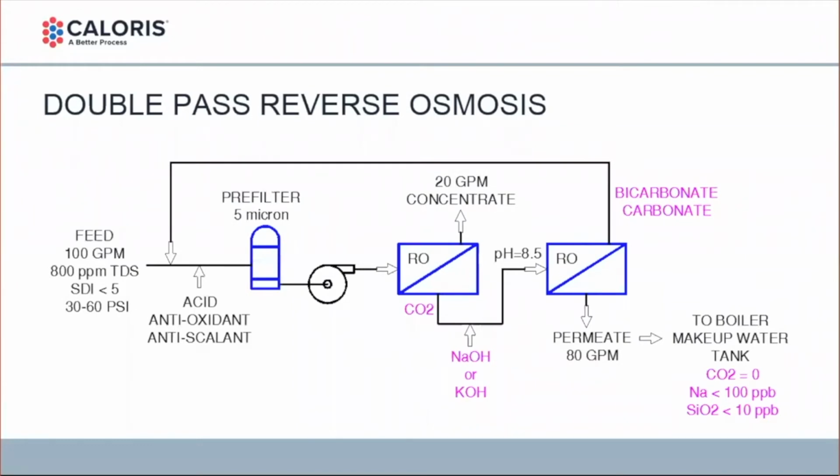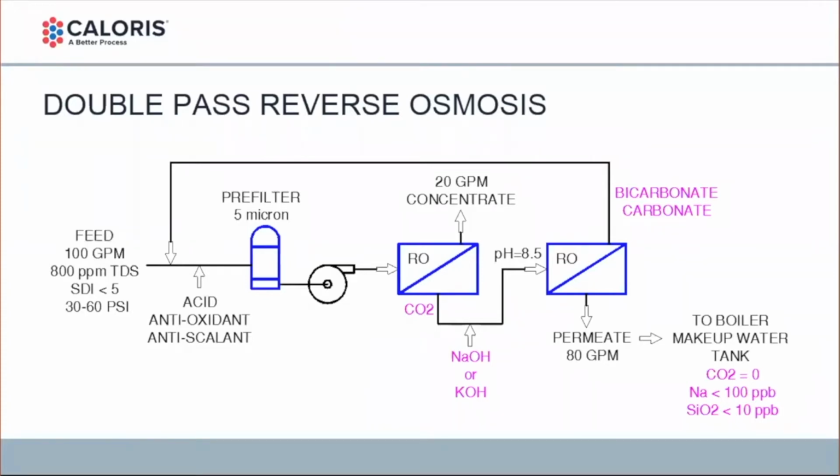Okay, so a little bit more complicated RO design is the double pass RO, and the beauty about this one is it's going to remove CO2. So what's going on here is you have a regular RO. You're taking the permeate from the first RO, which has CO2 in it. That's actually your main impurity, is that CO2.